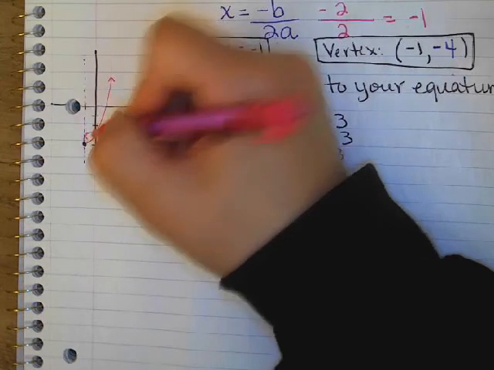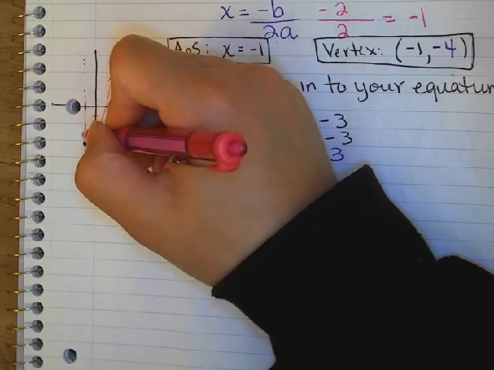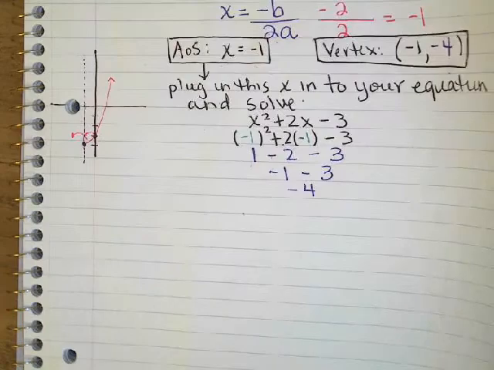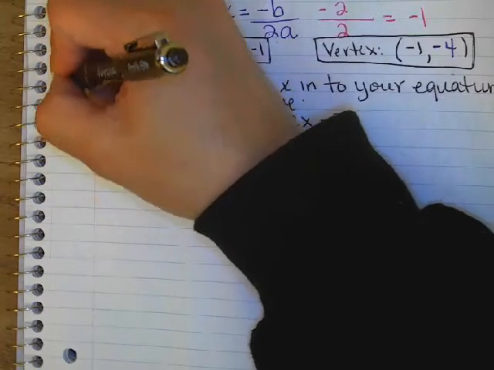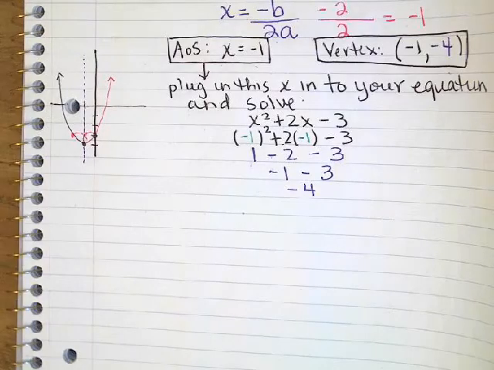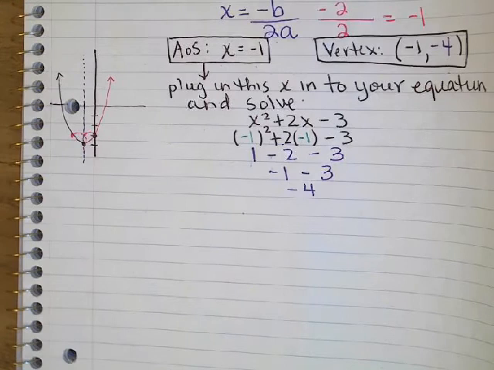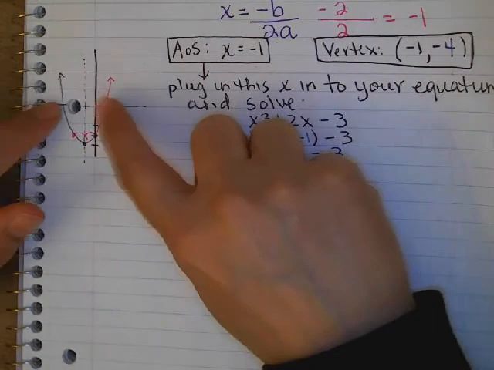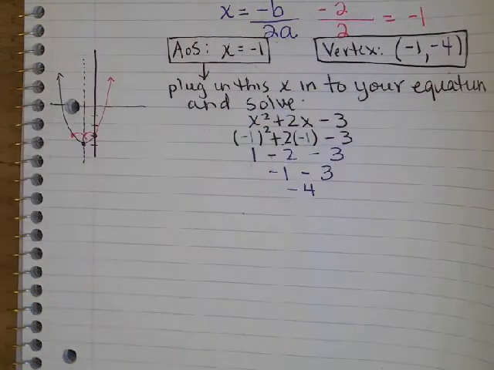So if I have a point here, it's one space away, so I can just jump one space away, and there's got to be another point there. So I know that it's going to look like this. So that's a good sketch. You want to be more accurate because they're going to probably ask you about the x-intercepts, but at least you know that that's more or less what it looks like.